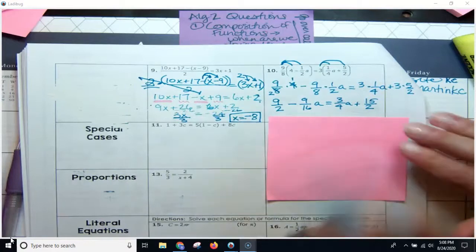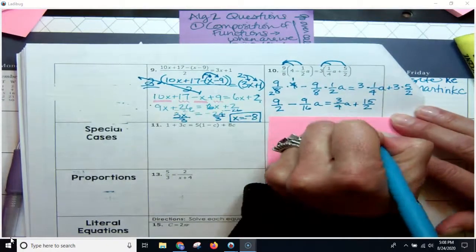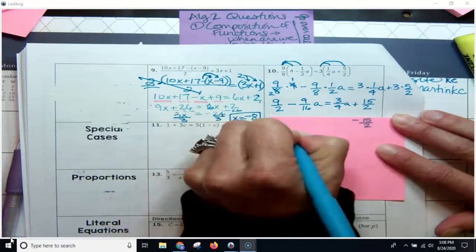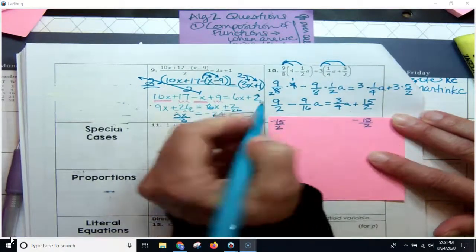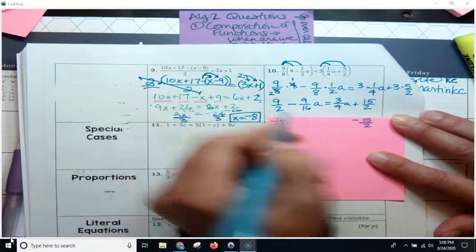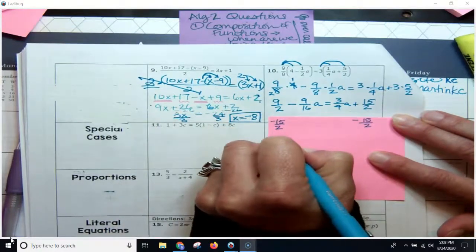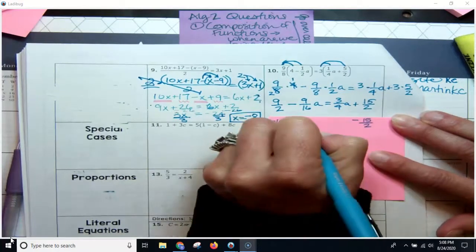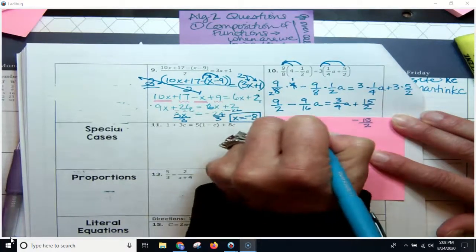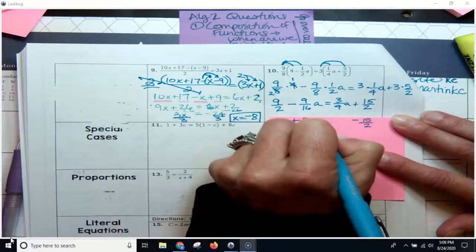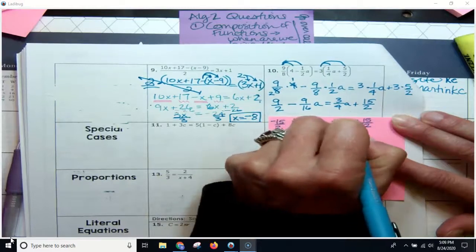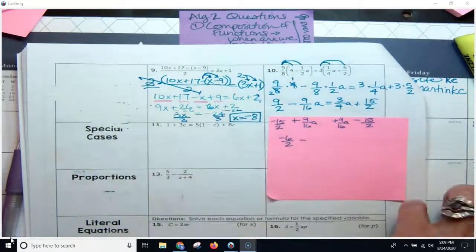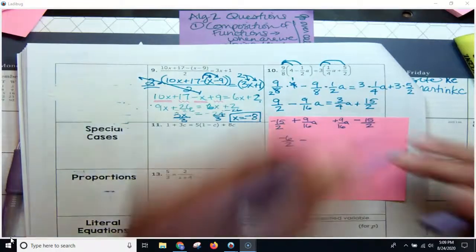Okay, then we've got to combine our like terms. I need to add a piece of paper because I'm running out of room. So now I'm going to subtract 15 over 2 from both sides. And since I've got the same denominator, 9 minus 15 is going to give me negative 6 over 2. And here I'm going to add 9/16a to both sides. So keep in mind what's going on here. It looks a little confusing.